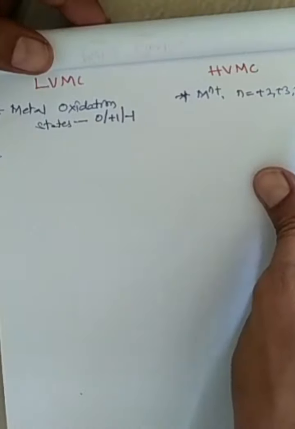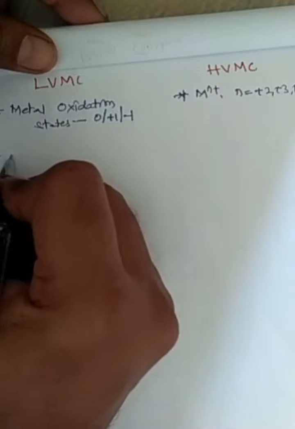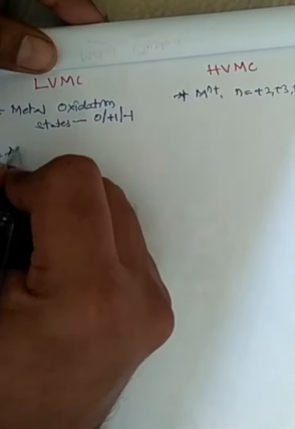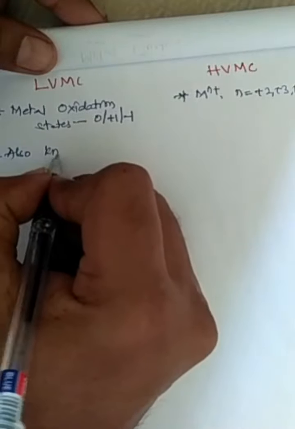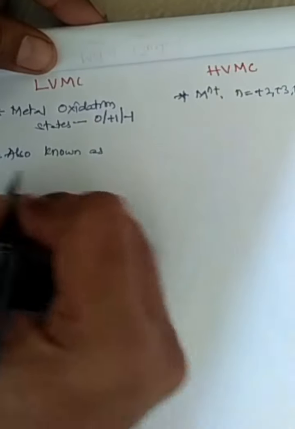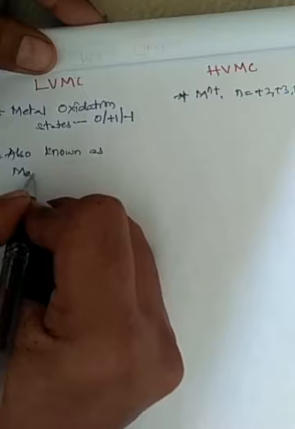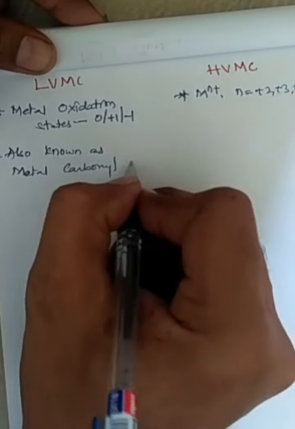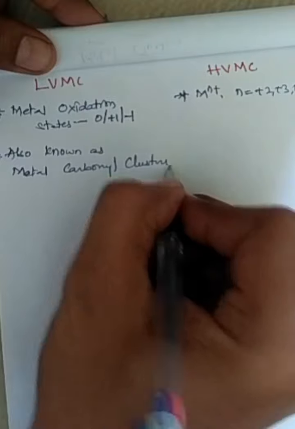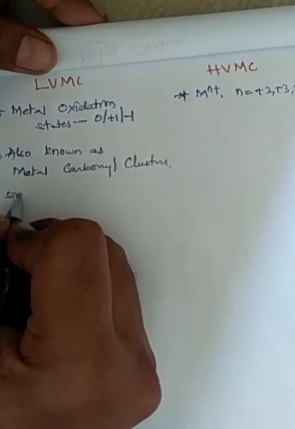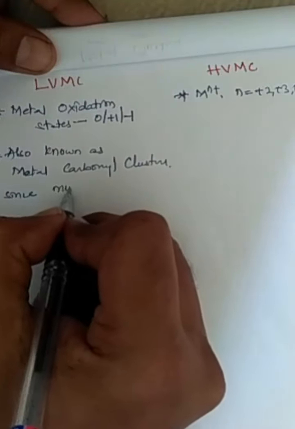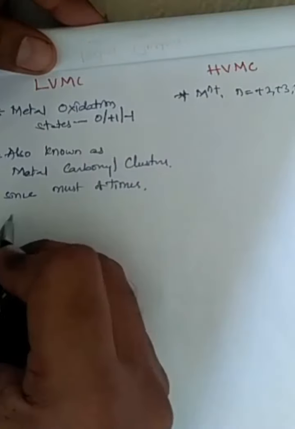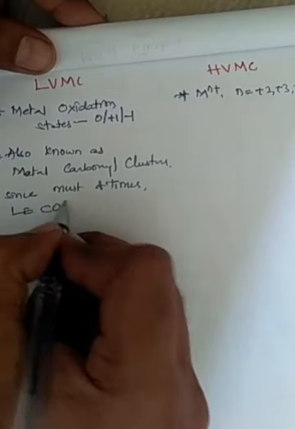And these low valency metal clusters are also known as metal carbonyl clusters, since most of the time the ligand will be carbonyl.